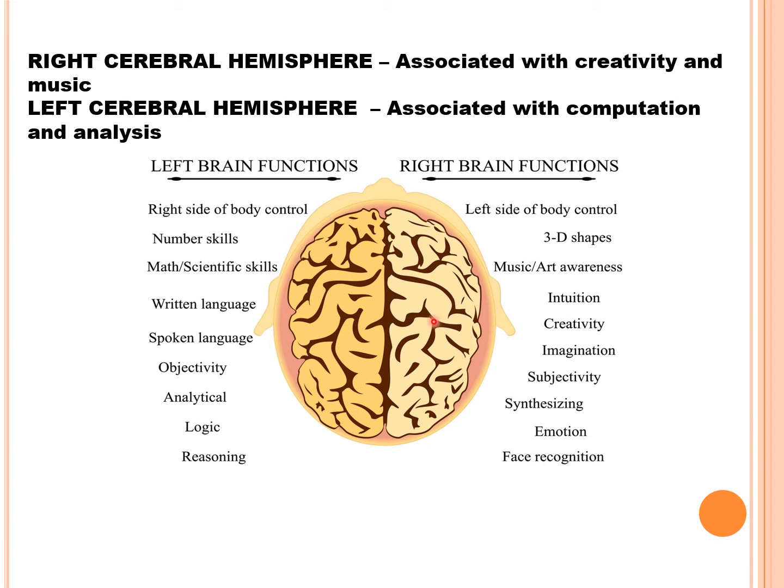The right side of the brain controls the muscles on the left side of the body, and the left side of the brain controls the muscles on the right side of the body. Therefore, damage to any one side of the brain will affect the opposite side of the body. As you can see here, the left cerebral hemisphere is associated with computation and analysis, which includes number skills, mathematical and scientific skills, both written and spoken language, objectivity in thinking, analytical skills, logical thinking, reasoning ability.